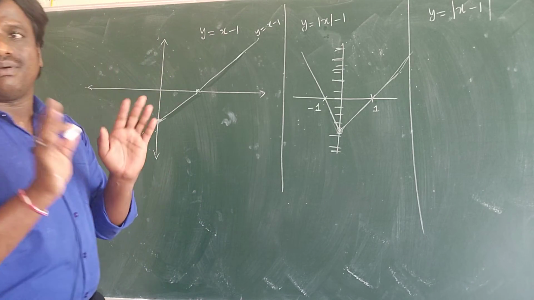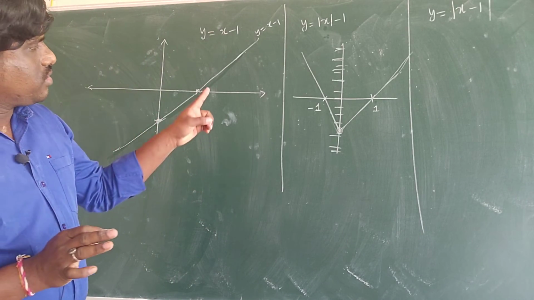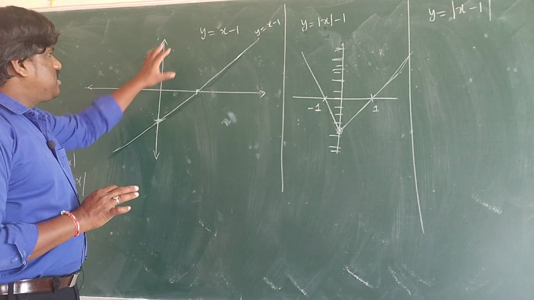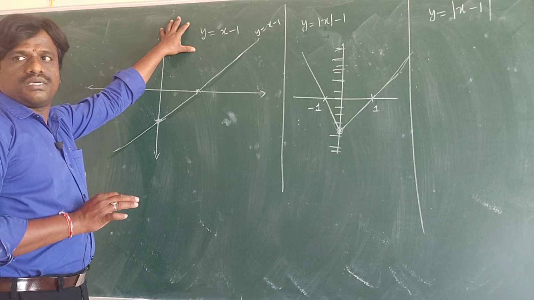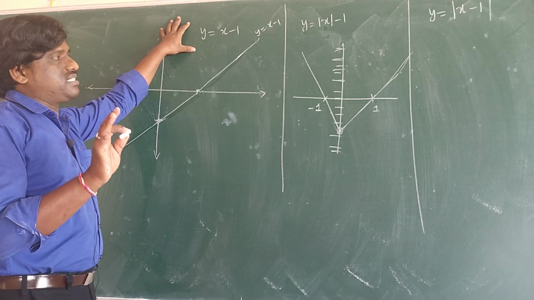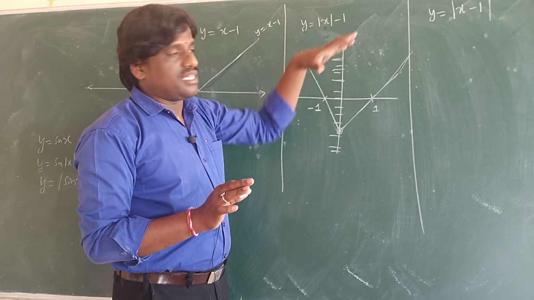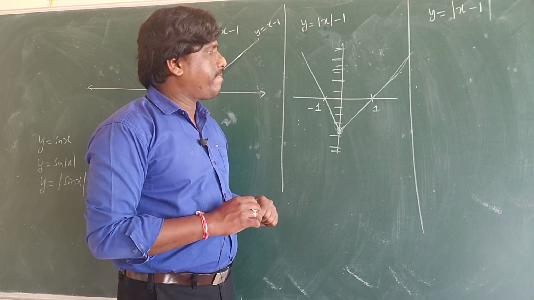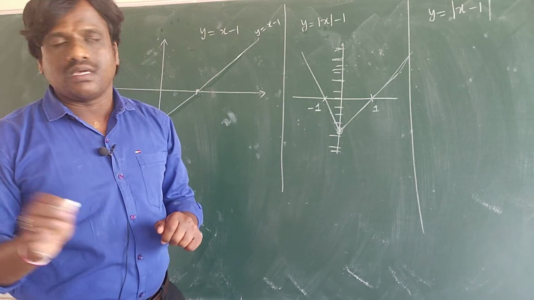For any graph related to modulus, you can use this kind of criterion. The criterion is that wherever x is there in the function, if I take the modulus at that place, it will be reflected with respect to the y-axis. Is it clear?